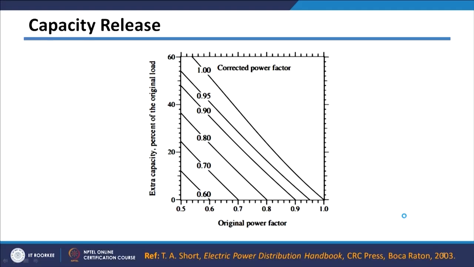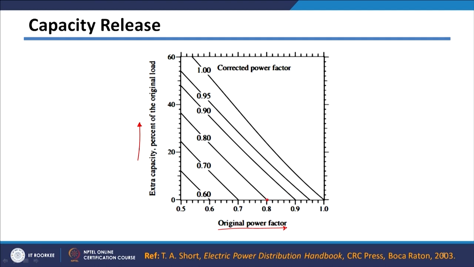Now, this graph shows how much capacity can be released when we improve the power factor. On the x axis there is the original power factor, and on the y axis there is extra capacity, or capacity which is available for further connections. Whenever we improve the power factor, some capacity will get released, and this shows that capacity.